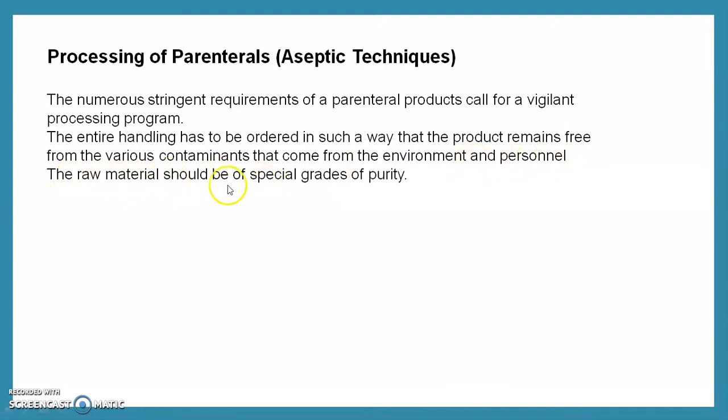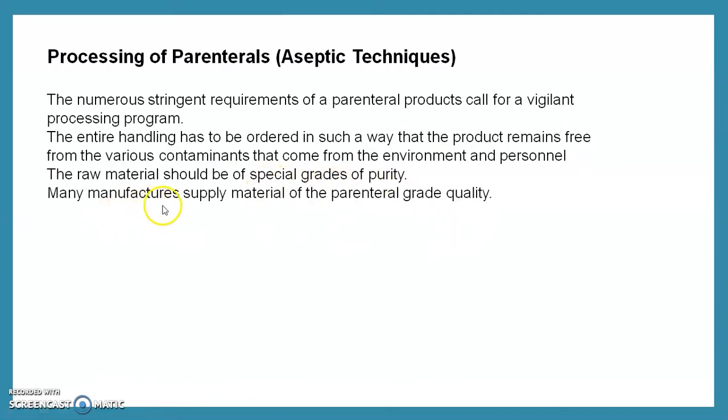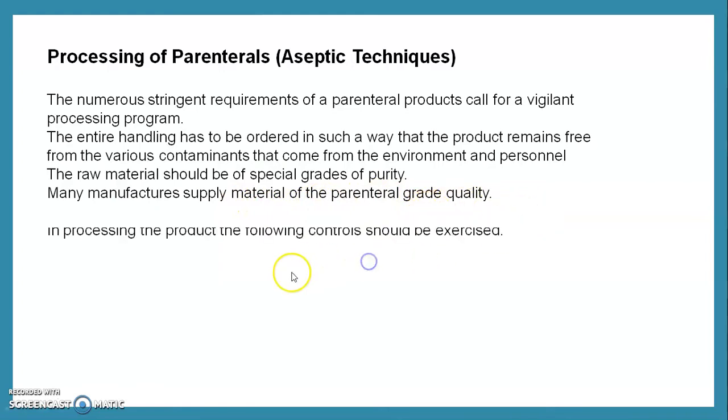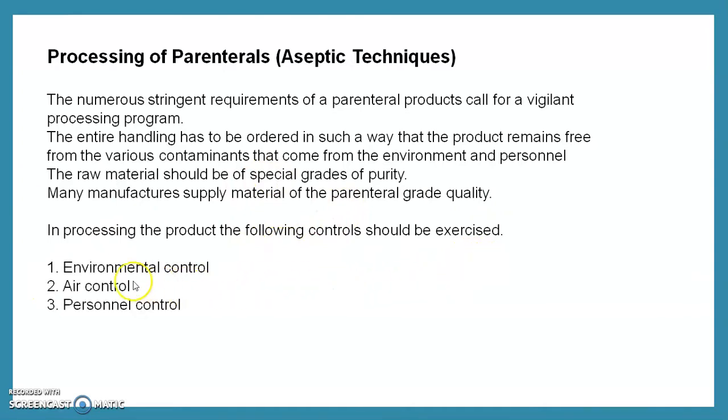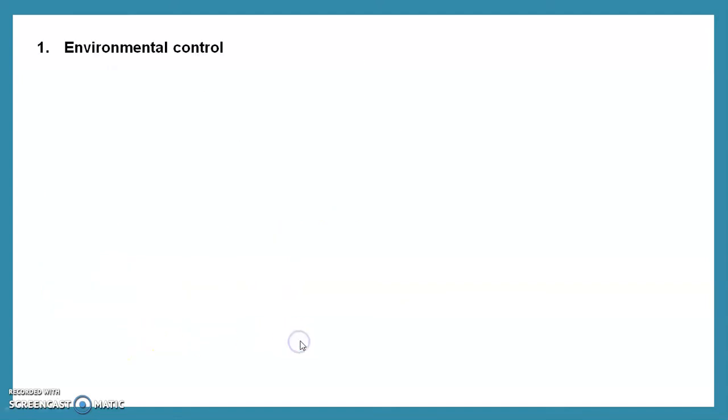The raw material should be of special grade of purity. Many manufacturers supply material of parenteral grade quality. In processing of the product, the following controls should be exercised: environmental control, air control, and personnel control.